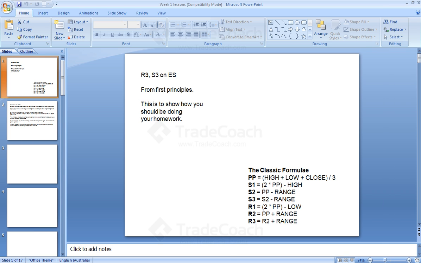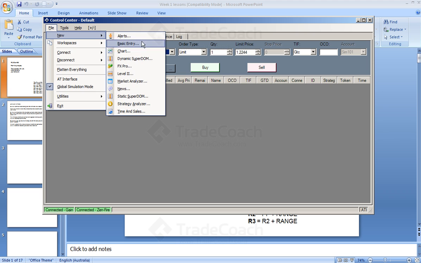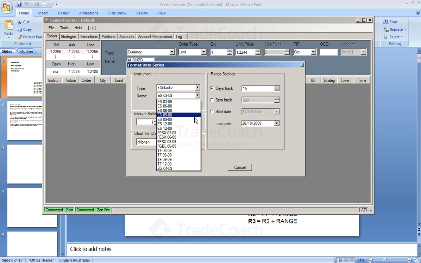So what I'm going to do is bring up Ninja, and I'm going to go for a chart on the ES. I'm going to go for the 15-minute chart on the 12-09 contract on the ES.